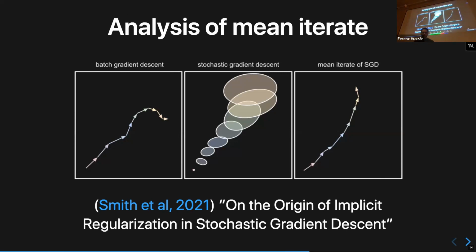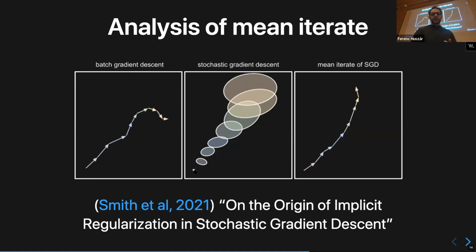This is a very bird's eye view of this paper. What we are going to look at is some parameter space, and we can look at batch gradient descent, or full batch gradient descent. This is when you use all your data points. It's impractical to run, but you can reason about it mathematically. Compared to this, stochastic gradient descent is a stochastic process, and I illustrated this by drawing these circles.